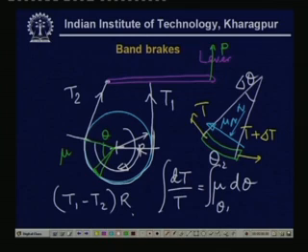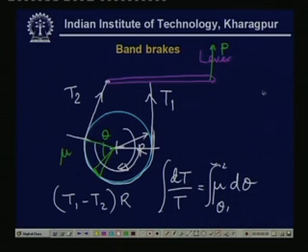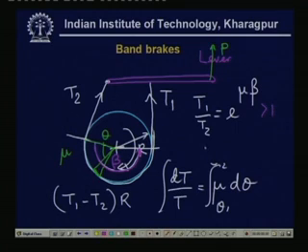What we get is the following very well known relationship: T1 by T2 is e to the power mu times beta. Beta is the total angle of wrap, that is, the angle through which this band is wound around the drum. Now, you see this is greater than 1. So, T1 is greater than T2, and we can have a braking torque.